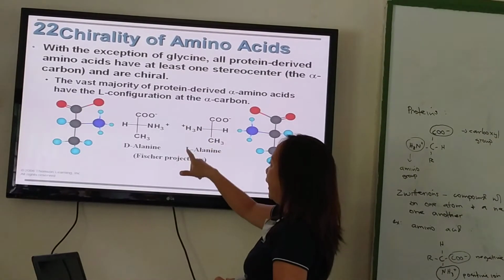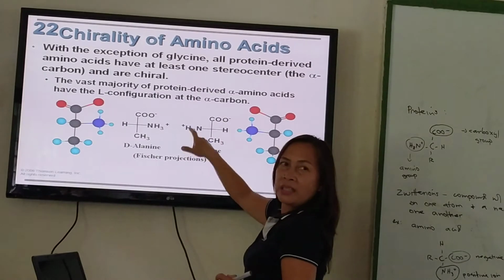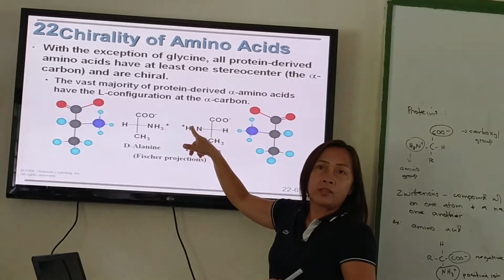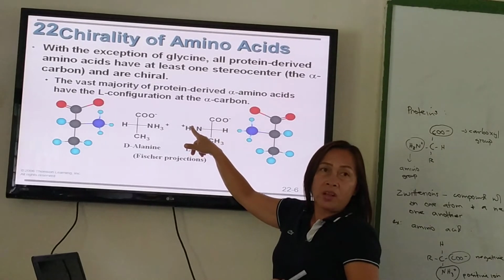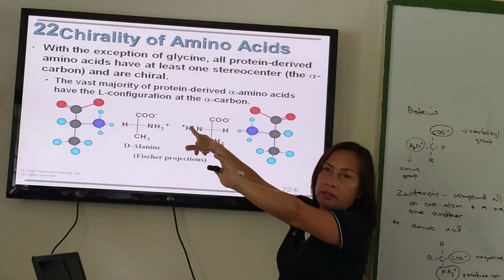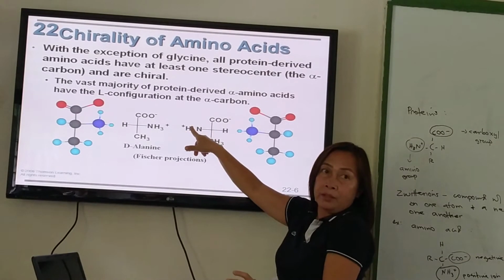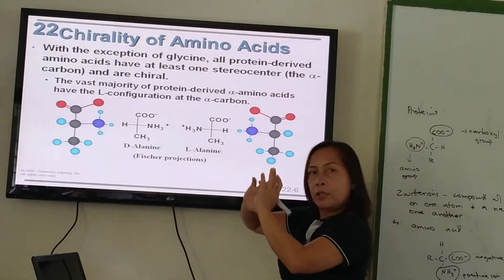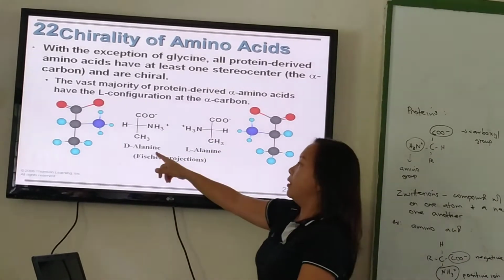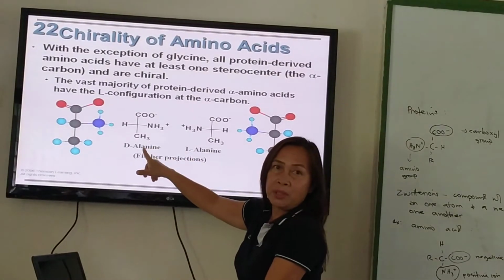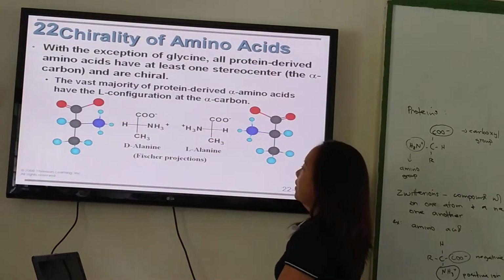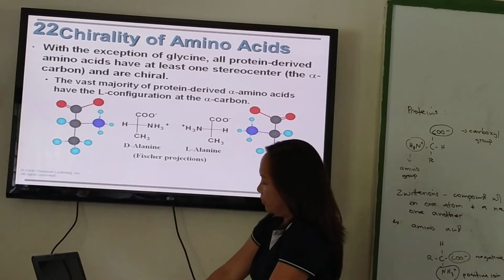L means left. Last time in carbohydrates, if the OH was on the left at the stereocenter, the carbon before the last carbon, you described it as L. But if it's on the right, then we have the D amino acid. So that is the Fischer projection.